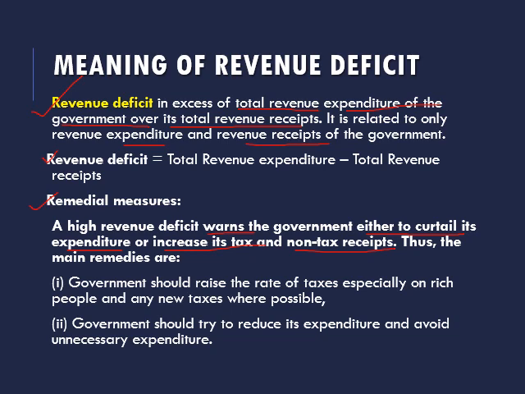The government should raise the rate of taxes, especially on rich people, and any new taxes should be imposed wherever possible. The government should try to reduce its expenditure and avoid unnecessary expenditures. This needs to be removed to control the revenue deficit.